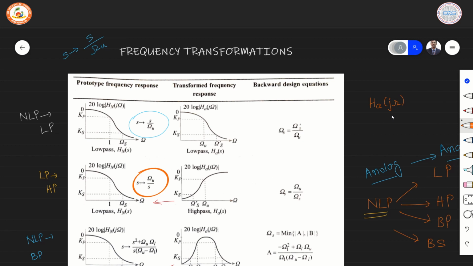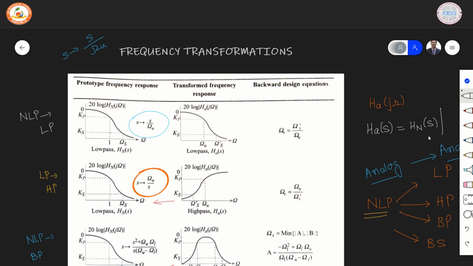Alternatively, the transfer function for this will be called HA of s, and HA of s is obtained by making a substitution in Hn of s.